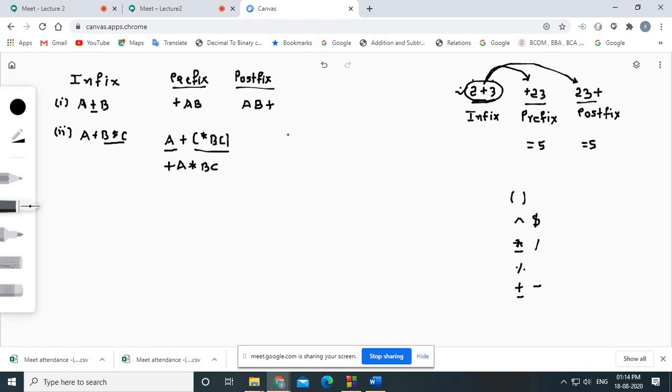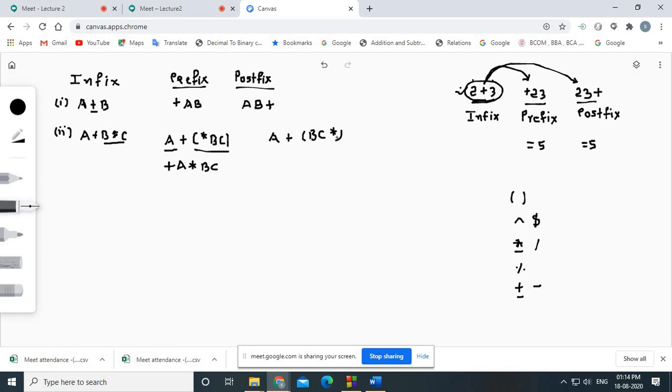So if I am converting this into postfix, in this case bc star will be there. So bc will come first as the operands and then the operator will be there. Now the entire expression will be something like this: a plus bc star.